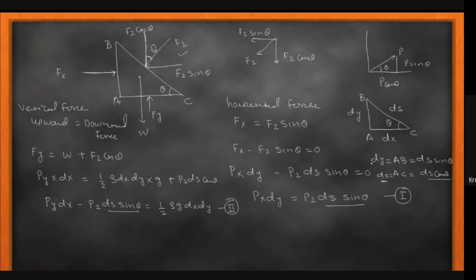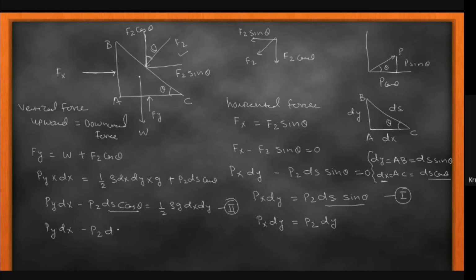So we put the values into these two expressions. We get Px dy equals Pz ds sin theta, which has a value of dy. And here, Py dx minus Pz ds cos theta, sorry, it is cos theta here, so ds cos theta has a value of dx.